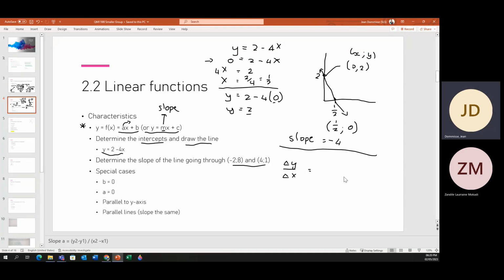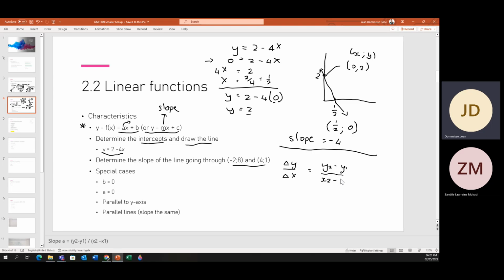And it doesn't matter if you say y2 minus y1, so that's the one change, divided by x2 minus x1. Okay, so let's first work that out.